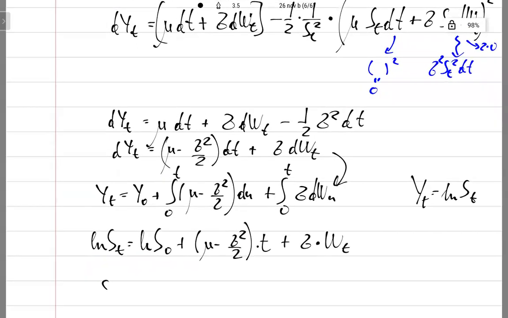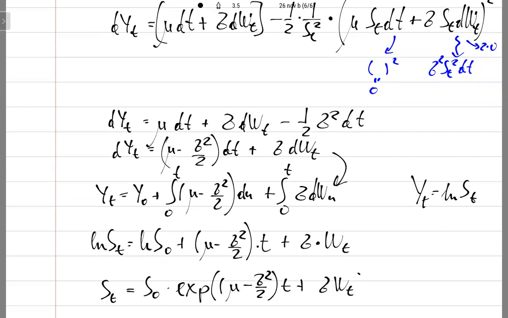And finally, I obtain St is just S0 times exponent of mu minus sigma squared over 2 times t plus sigma Wt. And I think we have done the whole exercise. We have St as an explicit function of t and Wt.